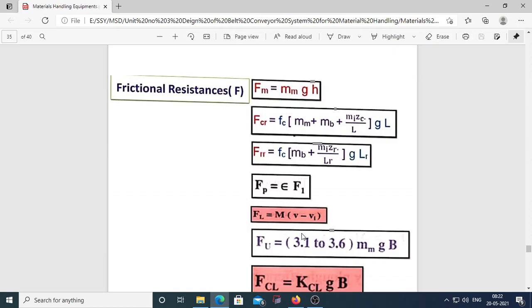The table is allowed for the examination. You have to choose that value from the table, but you have to check the application and choose the value accordingly. In the next lecture we will see the remaining part, the numerical from unit number 3, and we will cover unit number 3 with the help of numerical.